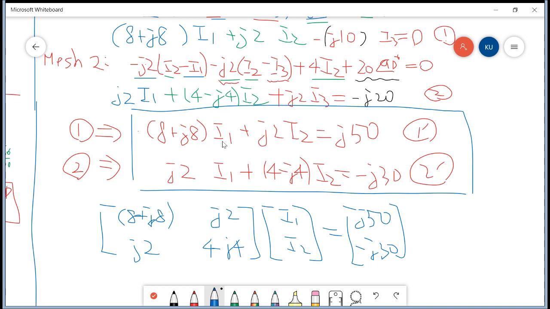You can multiply, for example, the first prime equation by 4 minus J4, and multiply the second one by J2, and then you subtract them. Then you can eliminate I2, then you find I1, and then you substitute I1 here, then you can find I2.